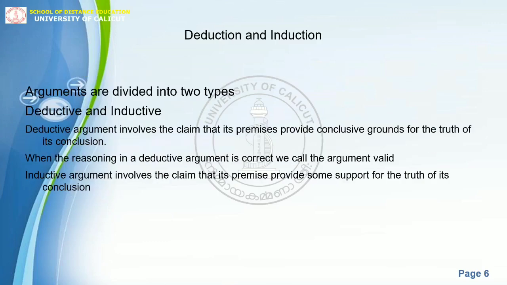Now coming to deduction and induction. We can divide arguments in two ways: one is deduction, the other is induction, or deductive logic and inductive logic. Let us see the definition of a deductive argument. A deductive argument involves a claim that its premises provide conclusive grounds for the truth of its conclusion. This is what we need to notice: its premises provide conclusive grounds for the truth of its conclusion. When the reasoning in a deductive argument is correct, we call the argument valid.